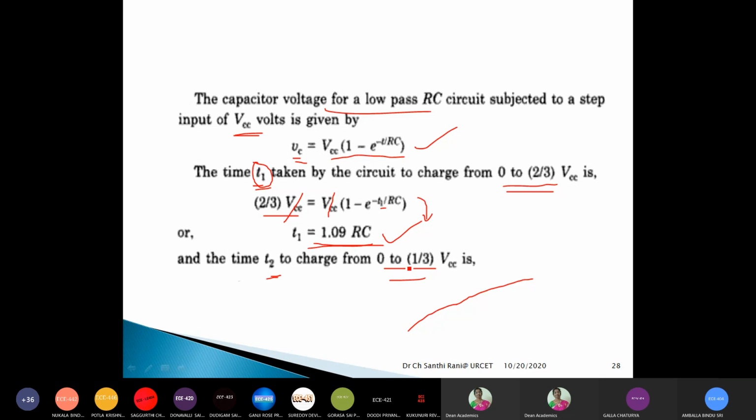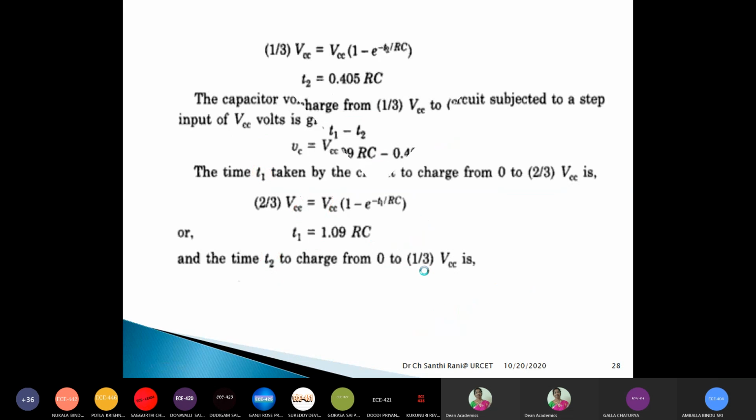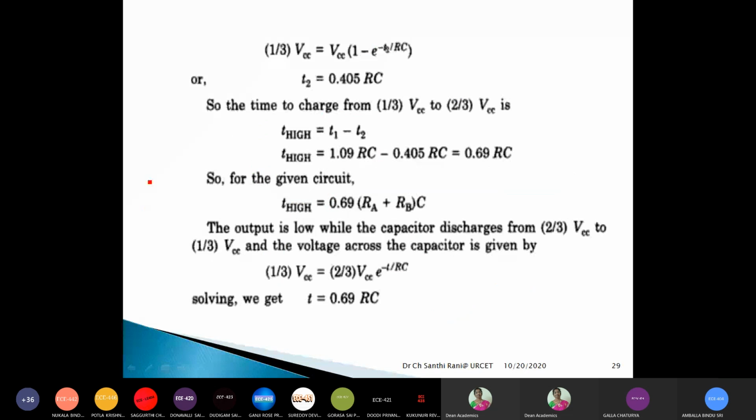So let us take this time as T2 to charge from 0 to 1/3 VCC. Now in the same equation, 1/3 VCC is equal to, it should be T2. So you just take it as T2.